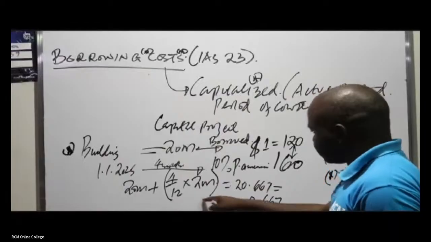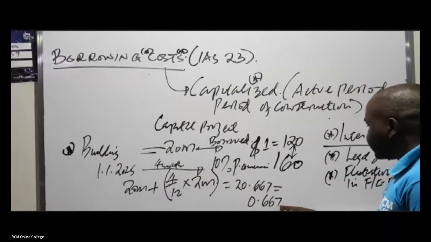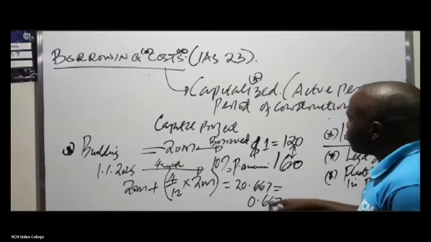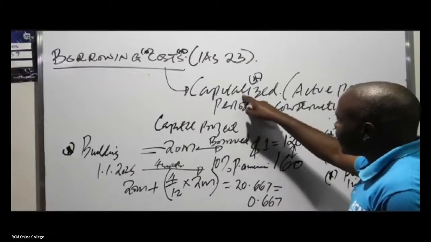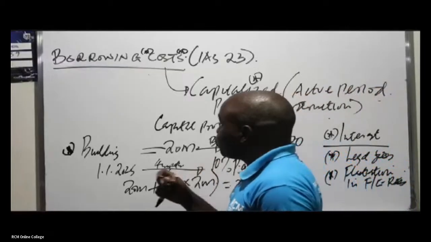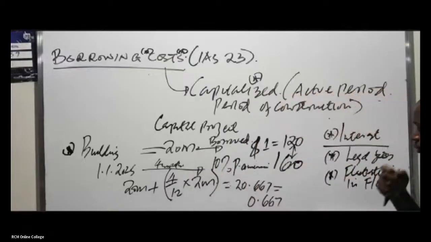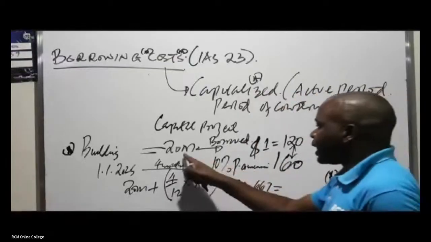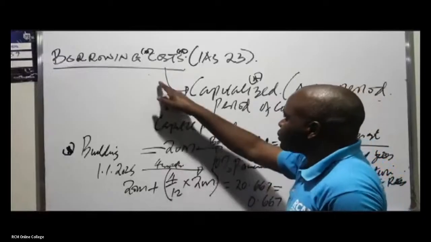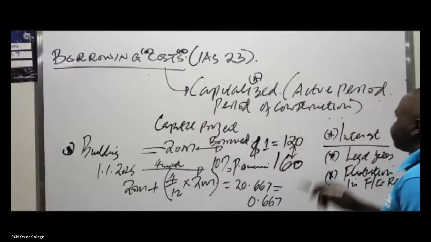If you do the math, during the active period, you've incurred 0.667, which you are supposed to capitalize and include as part of the cost of the asset. When you report at the end of the financial year, you won't just report 20 million. What should appear in your statement of financial position should be the cost of that building plus the borrowing cost during the active period of construction.